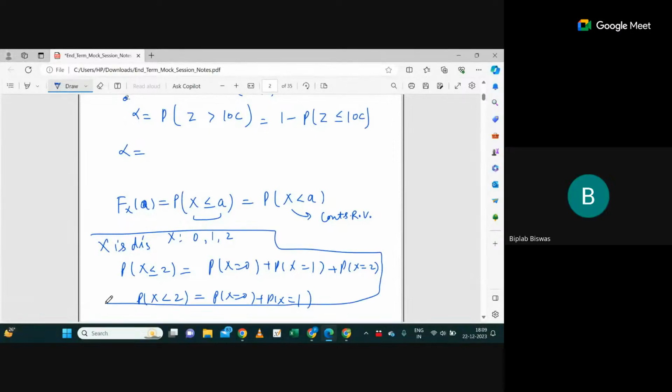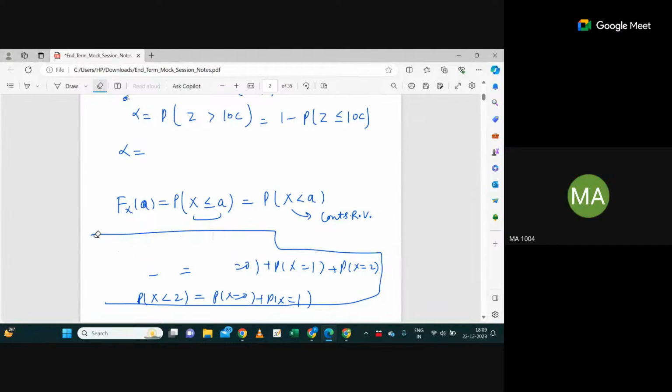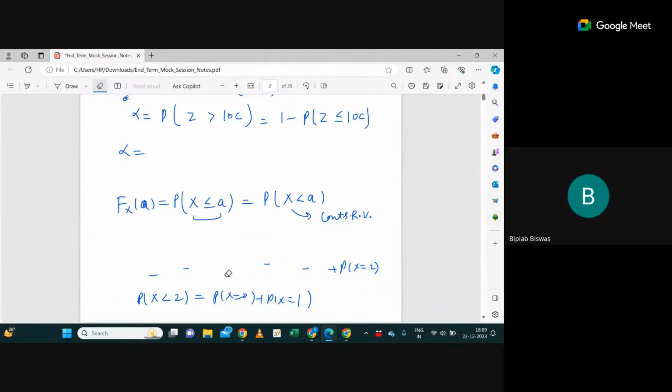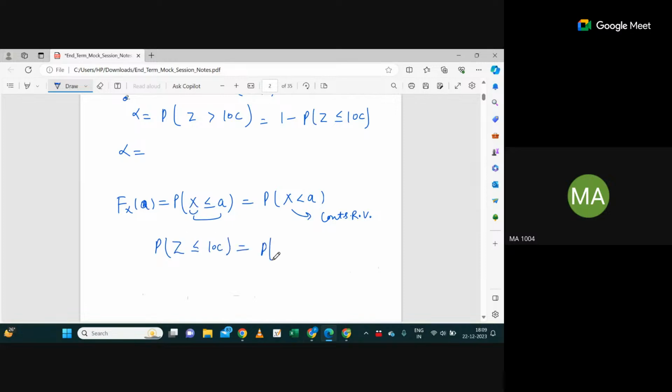So my doubt is, let's say in that place you got Z less than 10C. Can we directly say FZ of 10C there instead? Yes, that is the same thing I explained. If I'm writing Z less than or equal to 10C, this will be the same as probability Z less than 10C, which is nothing but FZ of 10C.